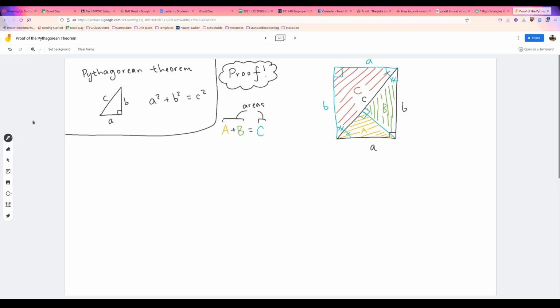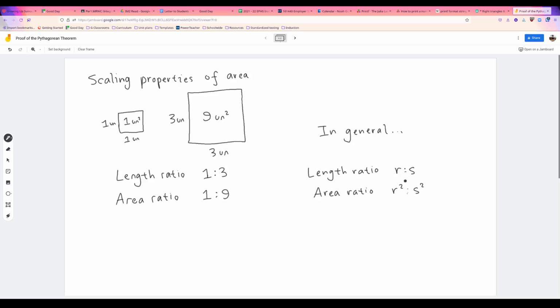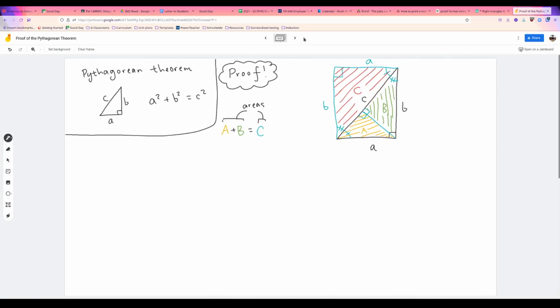Okay, and then the next thing we're going to do, we're going to use the fact that we proved over here. So if the length ratio is r to s, then the area ratio is r squared to s squared. Okay, so let's look at the length ratios of these three triangles. We'll start with the yellow triangle. We'll just look at the hypotenuse. So what's the hypotenuse of the yellow triangle? Well, it's A, lowercase a.